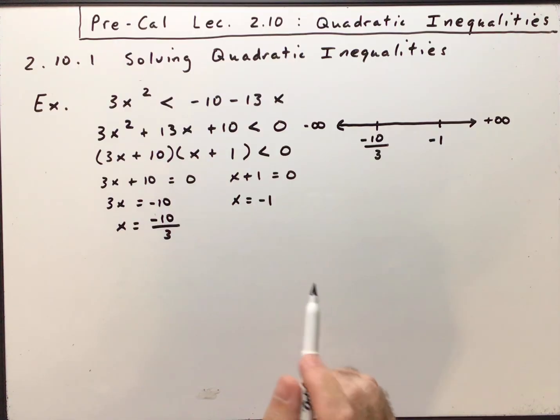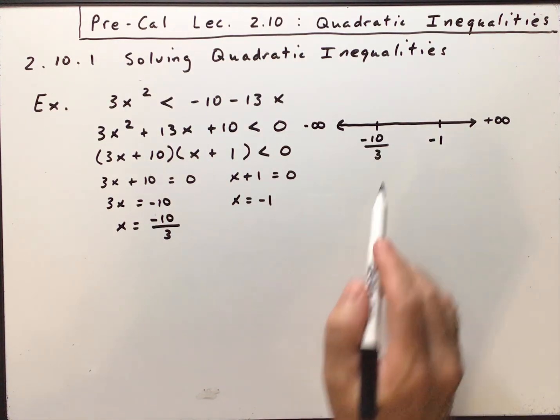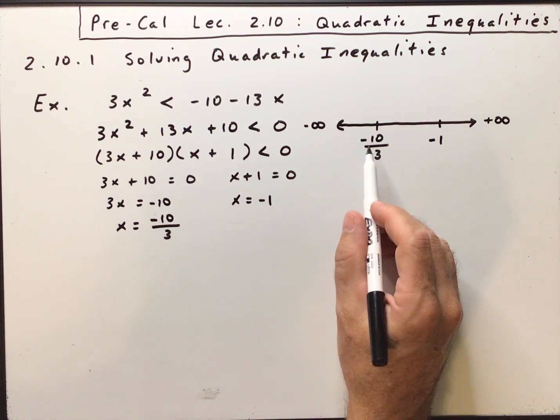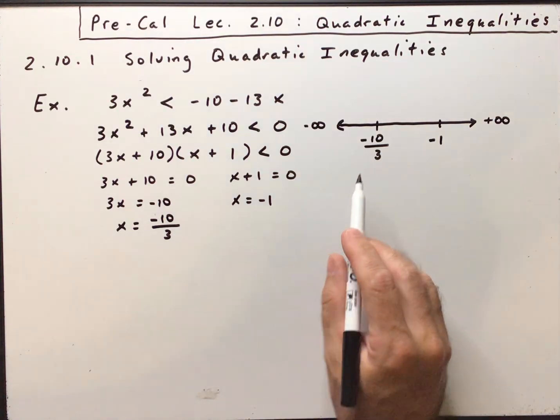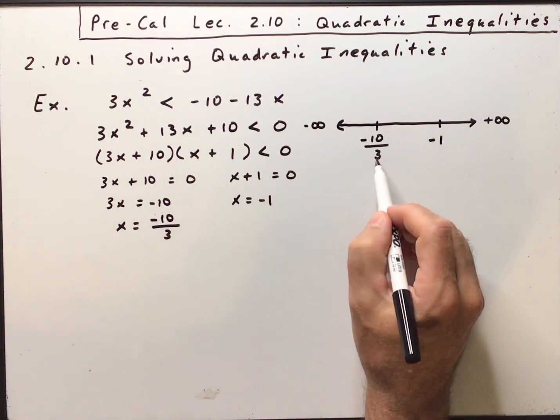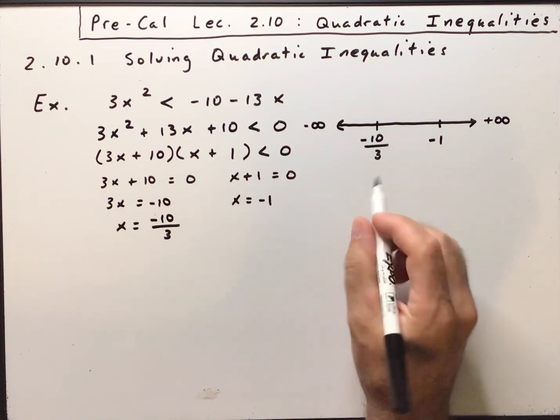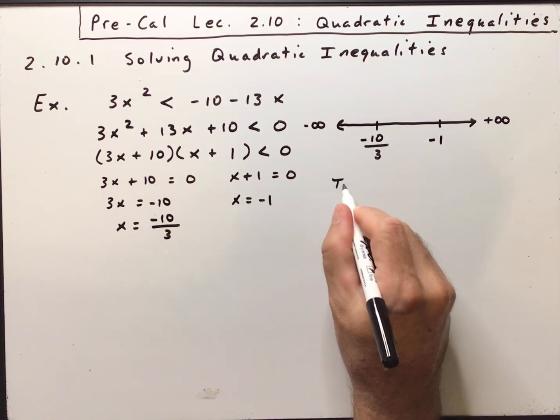Okay, so this time I'm not going to write what I'm going to try. I'm going to just do it in my head, since I showed you how to do that before. That's negative 3.33.